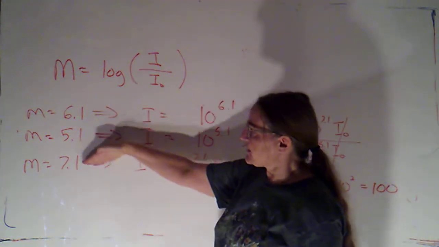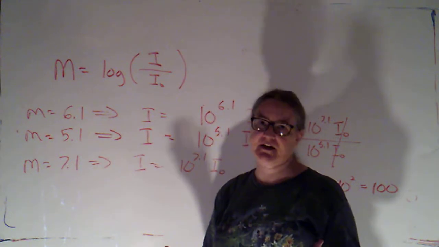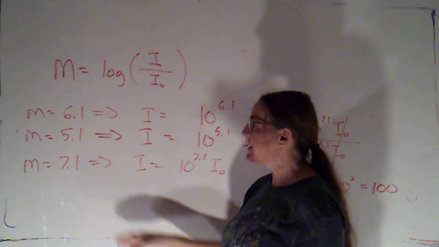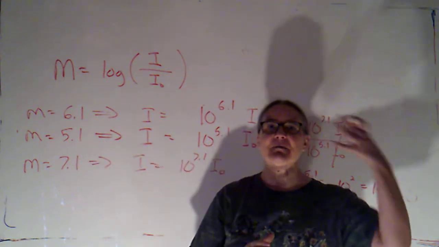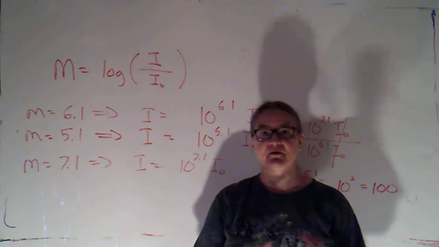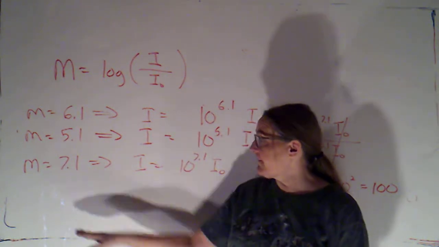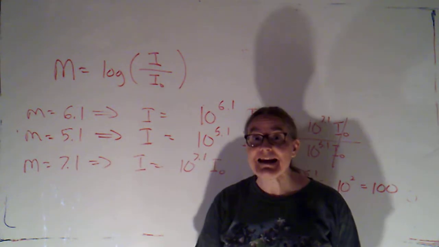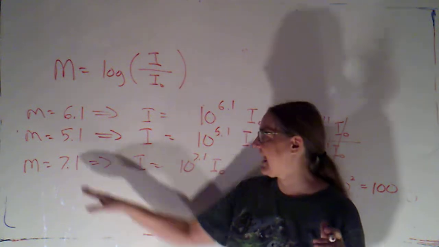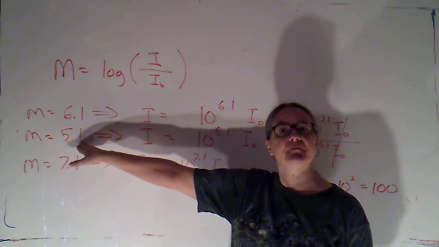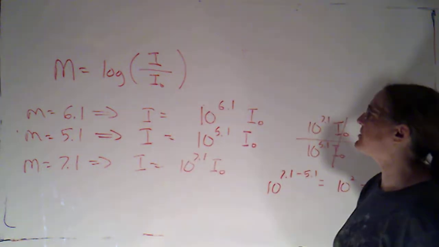So something that's 2 points higher on the Richter scale is 100 times more intense. Basically, every time the magnitude goes up 1, the intensity gets multiplied by 10. So if it goes up 2, it's 100 times as intense as the original. If I had something of magnitude 8.1, that would be 1,000 times as intense as our 5.1 earthquake. So that just gives you a little bit of a sense of how that Richter scale works.